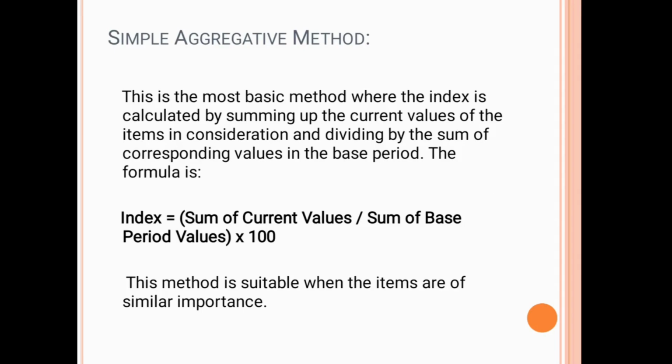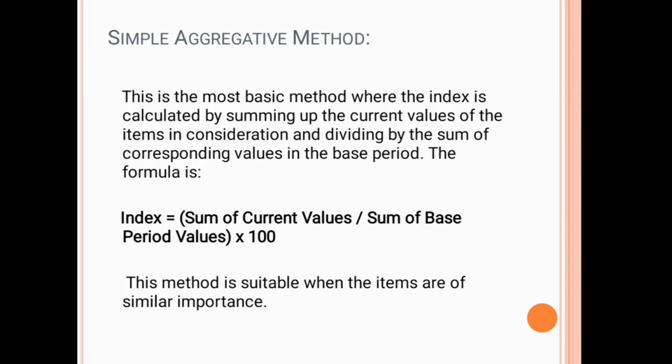Simple aggregative method. This is the most basic method, where the index is calculated by summing up the current values of the items in consideration and dividing by the sum of the corresponding values in the base period. The base period is represented by the value 0 and the current period is represented by 1. So when we talk about the base prices, it will be P0. When we talk about the base quantities, it will be Q0.